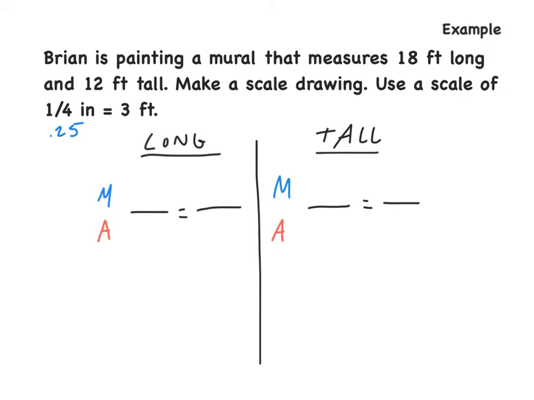So this would be 25 hundredths of an inch. So the information, 25 hundredths of an inch, and that would be the actual length is 3 feet, and the actual length that we're dealing with is 18 feet.